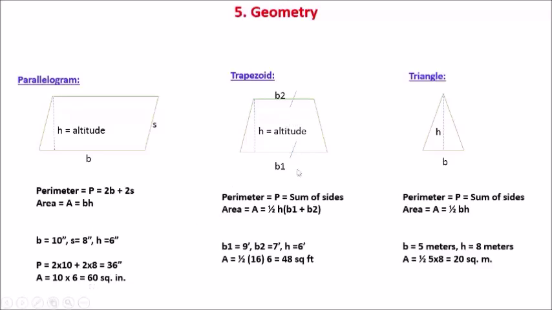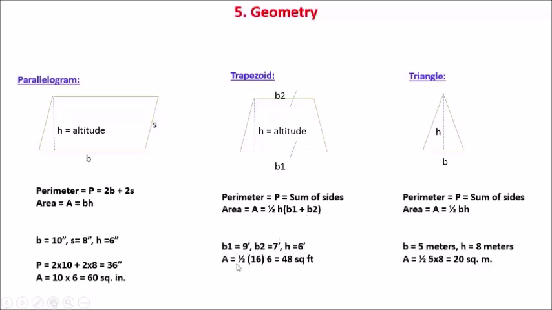For this trapezoid, the perimeter, you just need to add all 4 sides. The area of a trapezoid, the formula is 1/2 times H, the height, times B1 plus B2, the sum of the 2 bases. So B1 is 9 feet, B2 is 7 feet, height H is 6 feet.